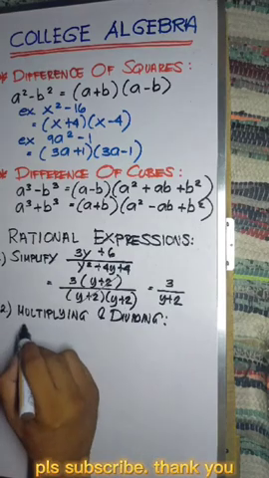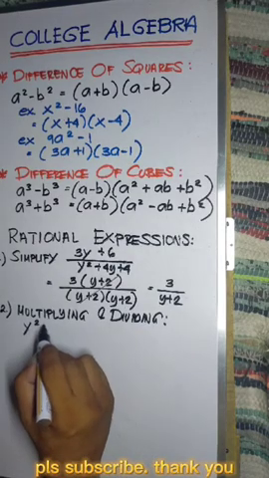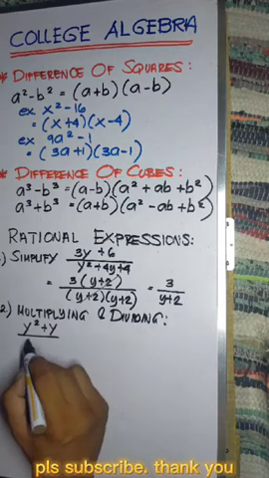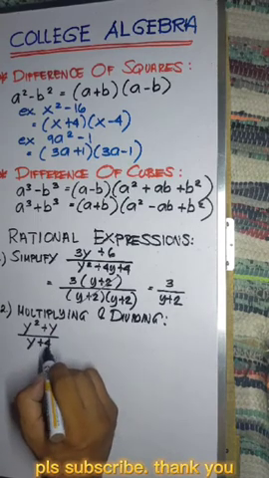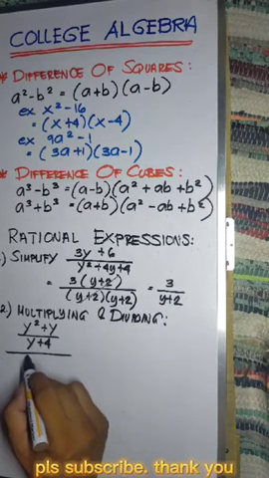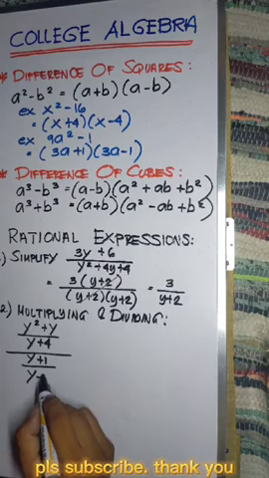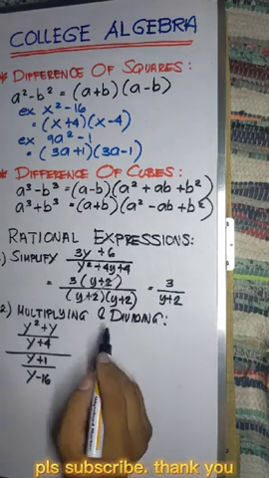So example, (y squared plus y) over (y plus 4) divided by (y plus 1) over (y minus 16).